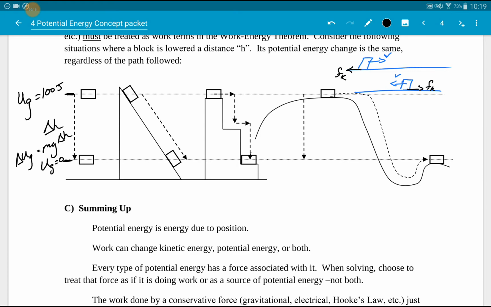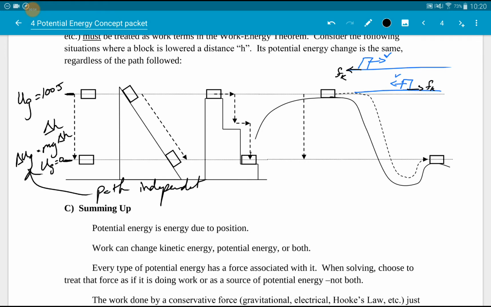Or which one has the smallest change? Looking at the height change, it's always the same. If this height is 100, and this line down here is 0, don't they all have the same change in gravitational potential energy? Yes. So did it matter which path these things took to get down there for how their gravitational potential energy changed? No. This gravitational potential energy is path independent.